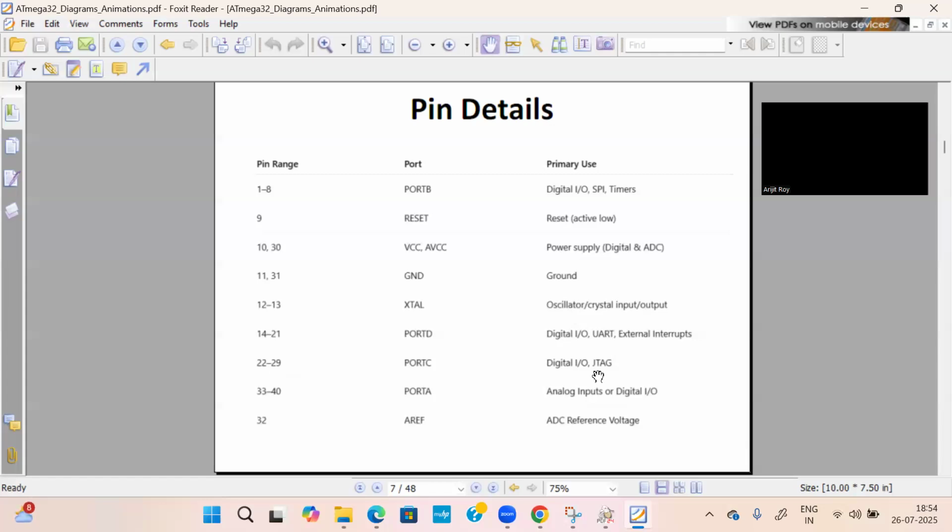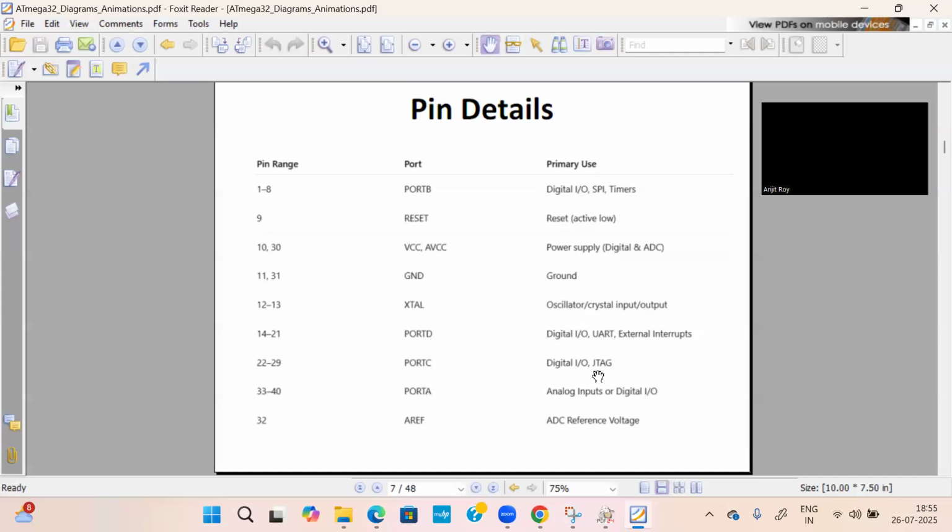If I want to test my IC, or test whether the circuit is okay or not, through this port I can give the instruction, or I can debug my device. It is a universal standardized interface, and it is used in this Atmega microcontroller.